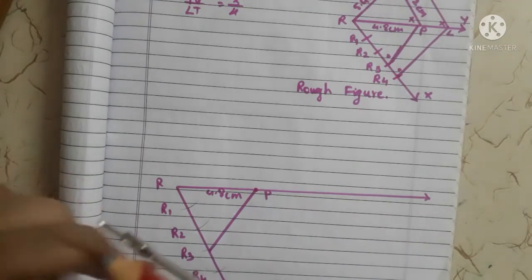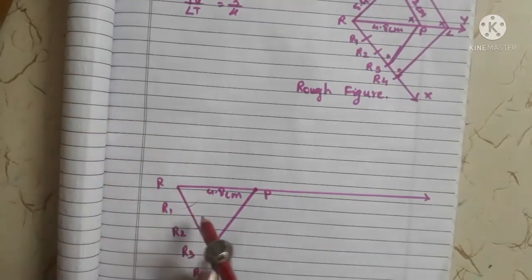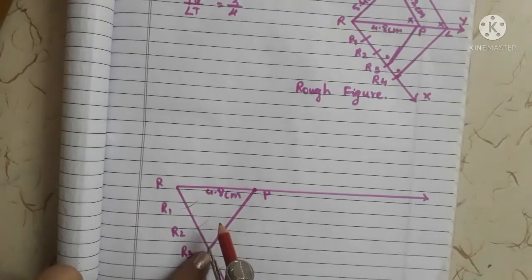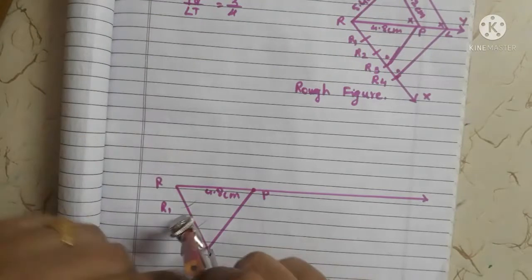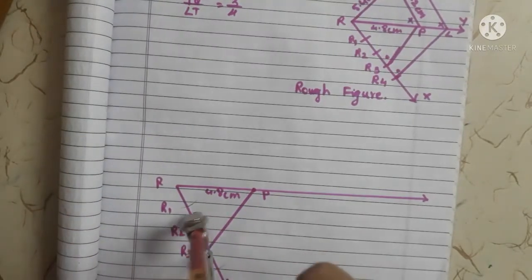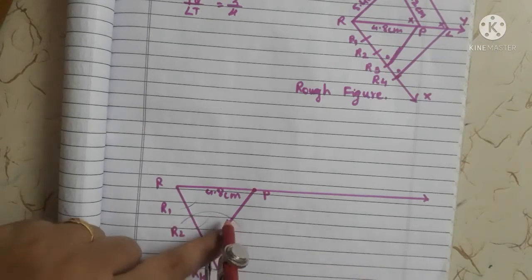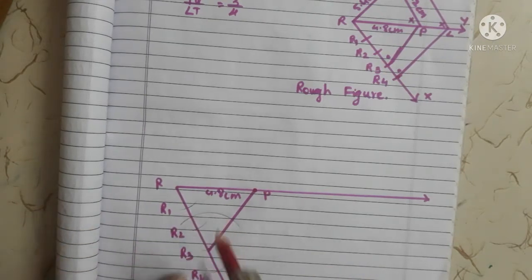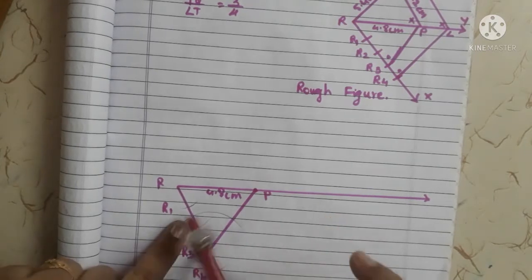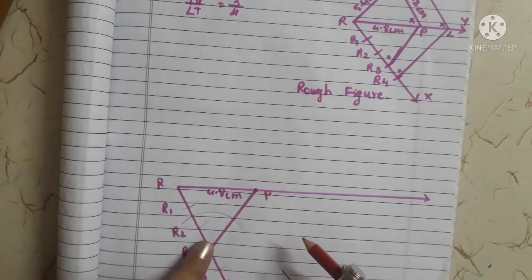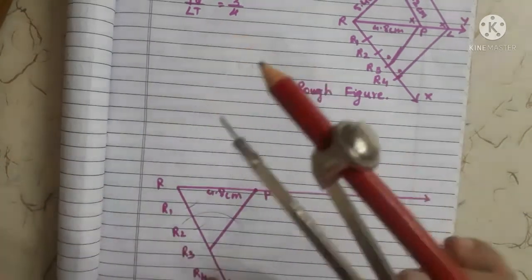Take your compass. You can take any measurement in between. Keep on the tip of R3 and draw one arc like this. You can see the arc. The arc should pass through both the arms of this angle. Now don't move the compass.